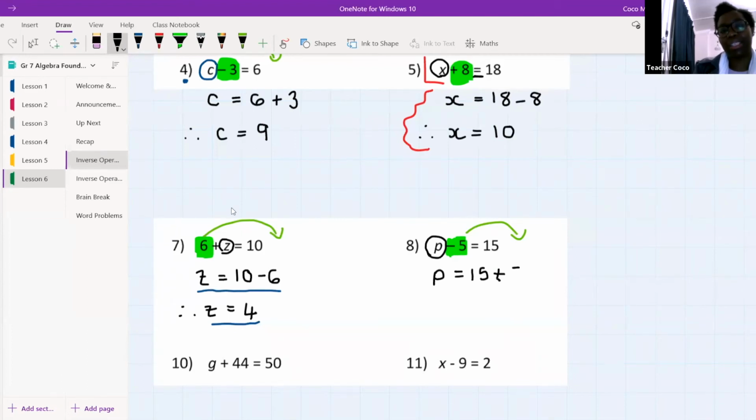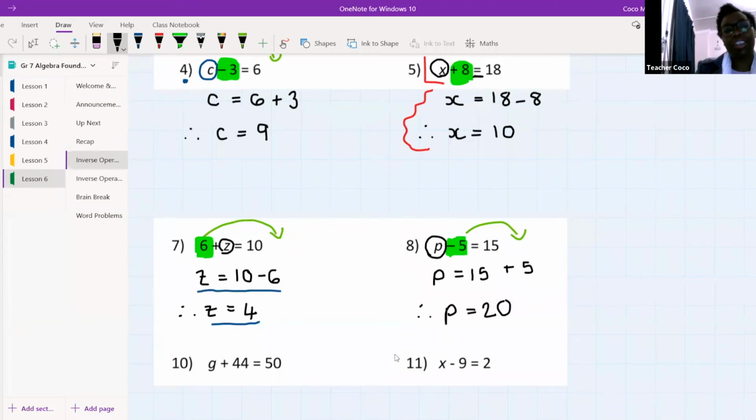Oh, but it was negative. It went over the rainbow. What happened? It became +5, ma'am. Positive 5. So I'm going to have P is equal to 15 plus 5. And then what comes next? Therefore, P equals to 20, ma'am.